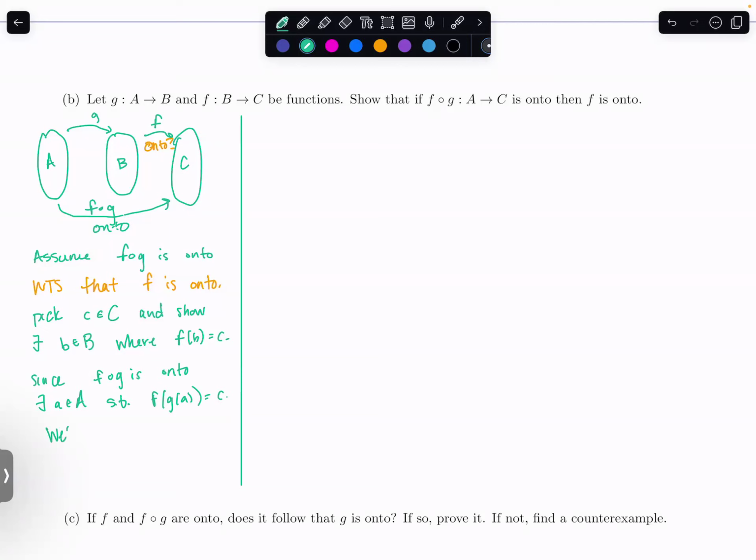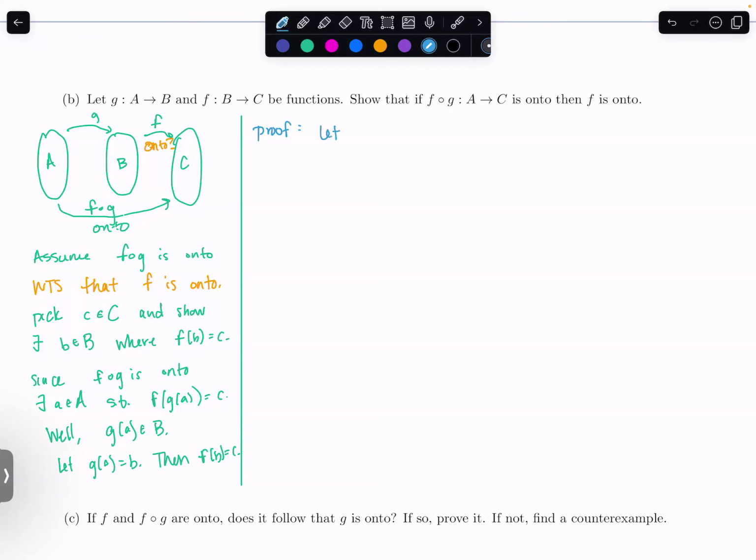Well, g of a is an element in B. So let g of a equal b, say. And f of b equals c, and we did it. Hopefully we'll explain that more in this proof.